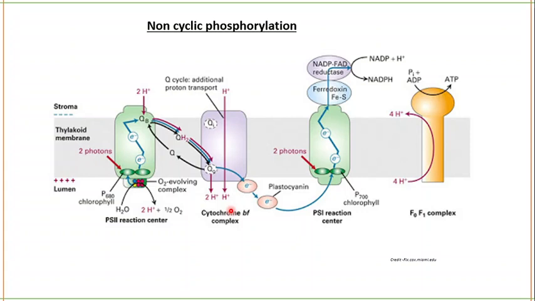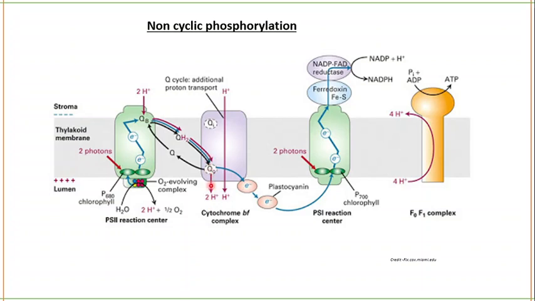Okay, fine. Once this cytochrome b6f oxidizes this plastoquinol, it results in the release of protons. When plastoquinol is oxidized, there is release of 2 protons.